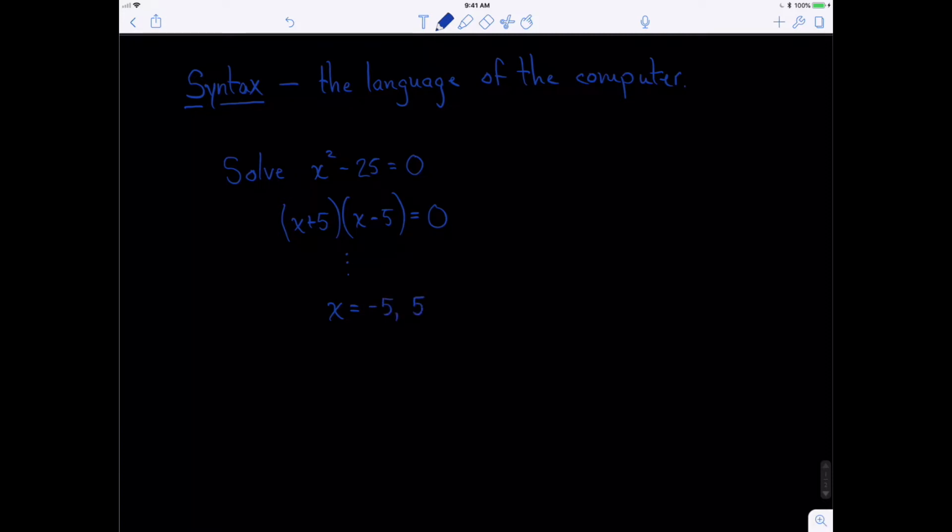Now, as you and I would naturally write it, notice that I tended to leave a little space between the equals and the negative. And by default, good formatting is to leave a space after a comma. Well, to a computer, a space is a character.